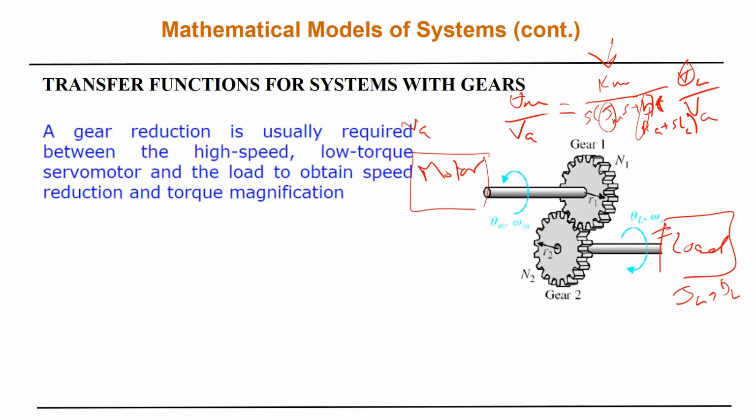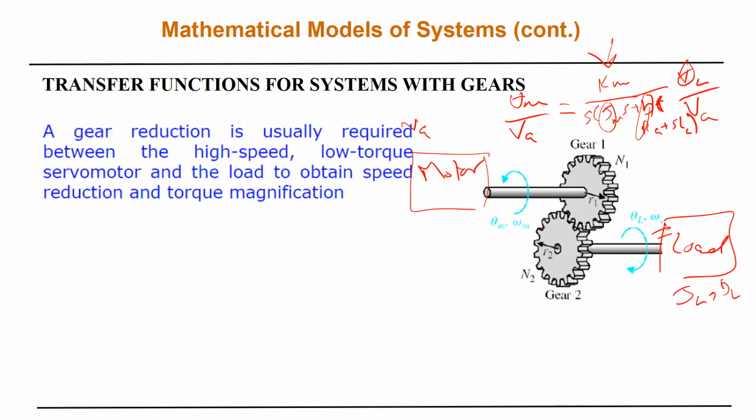Any idea, any suggestion? Look, you have a motor working, it's rotating, and it depends on the moment of inertia of the motor and the damping of the motor. Now I am connecting it to a load.